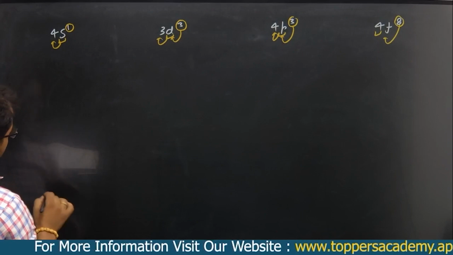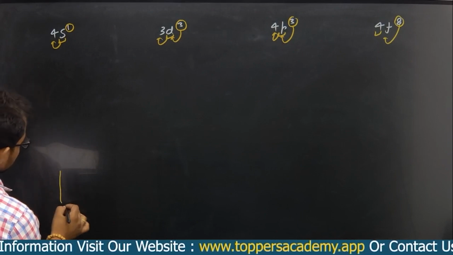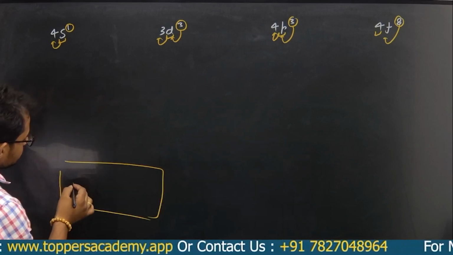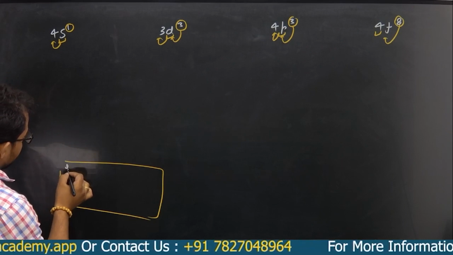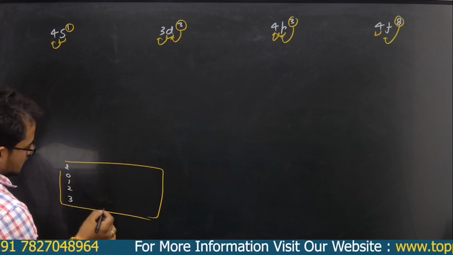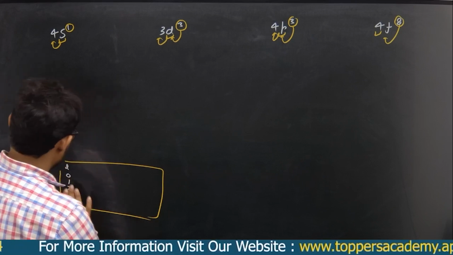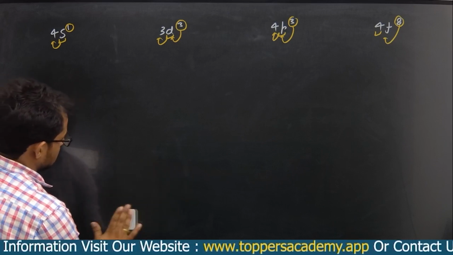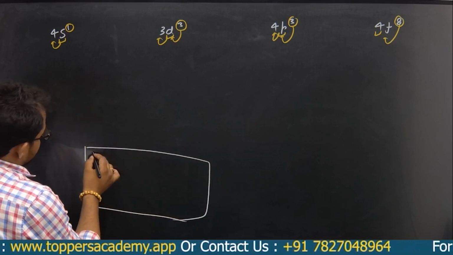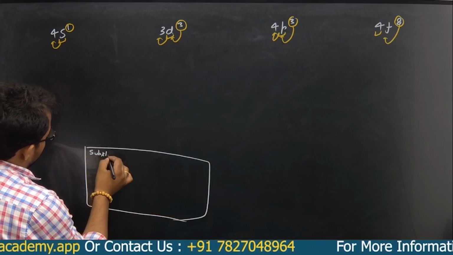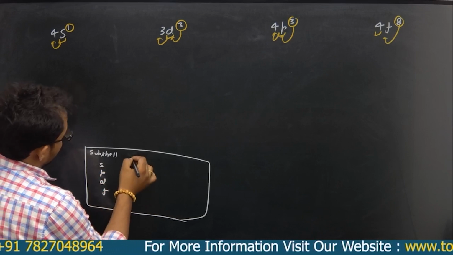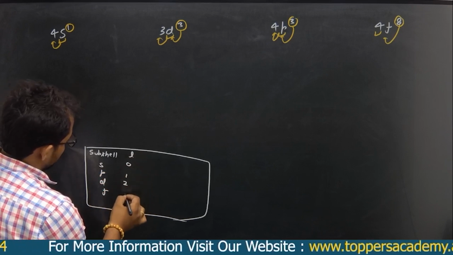First of all I will write here the subshells: s, p, d, f. The value of l will be 0, 1, 2, 3.